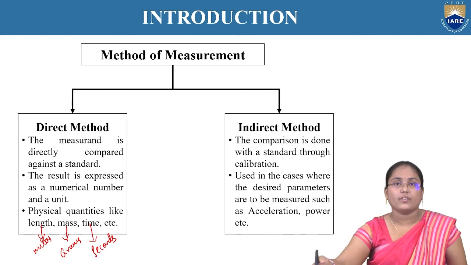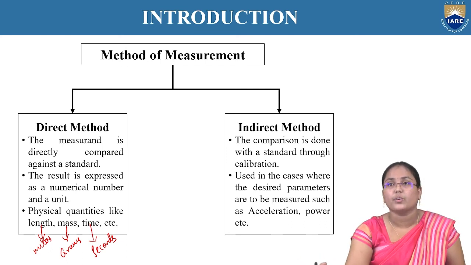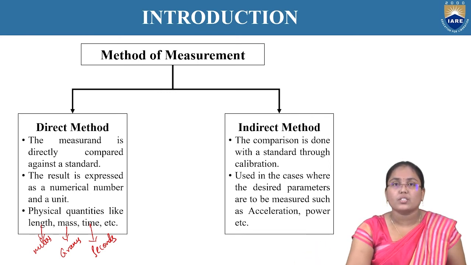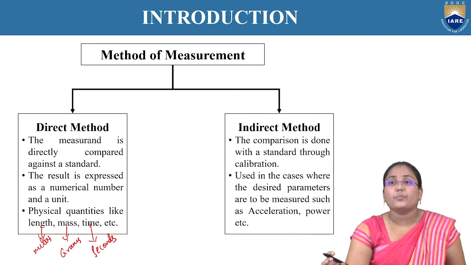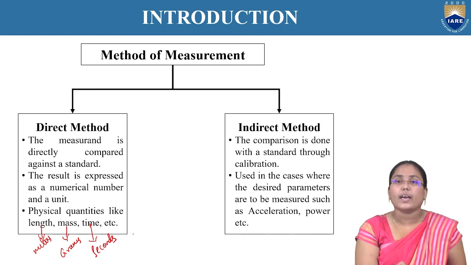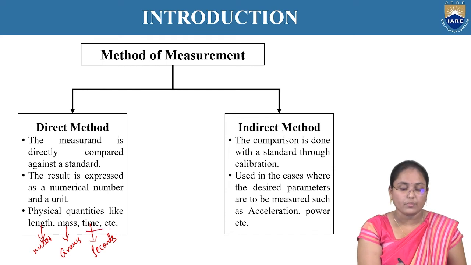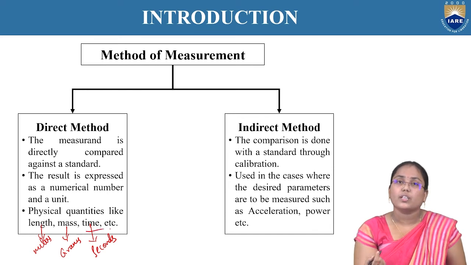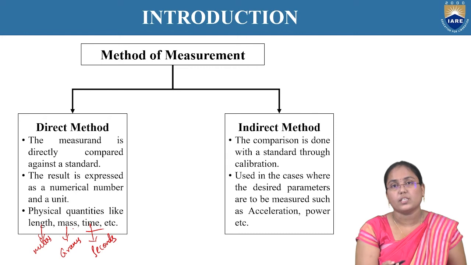Acceleration, like in physics, we measure with respect to velocity and time, and power with respect to current and voltage. Previously in the direct method, we directly measured time, velocity, mass or length.